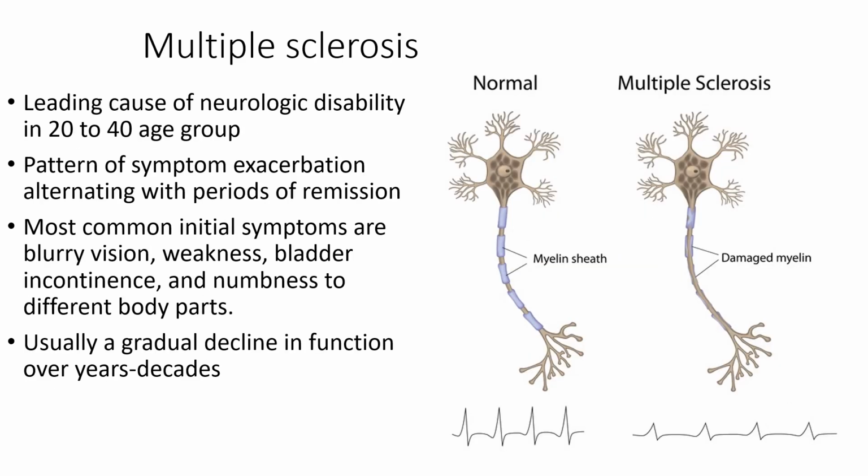So in multiple sclerosis, if we were to choose what's called a classic presentation, it would typically be a 20 to 40-year-old female who presents with blurry vision, since the nerves from the eye are being affected, weakness, since some of the nerves to specific muscles are being affected, and bladder incontinence.